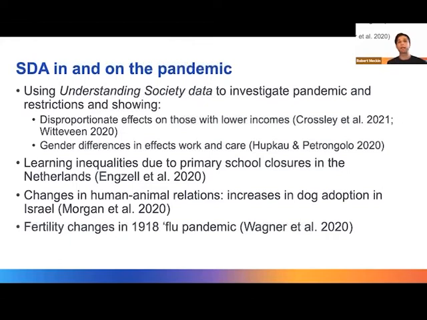Some examples of using secondary data: several studies have used the Understanding Society data, a UK longitudinal study of households, to investigate the pandemic and the restrictions. A quite common theme is inequalities. There are disproportionate effects on those with lower incomes, and gender differences in effects on care and work.